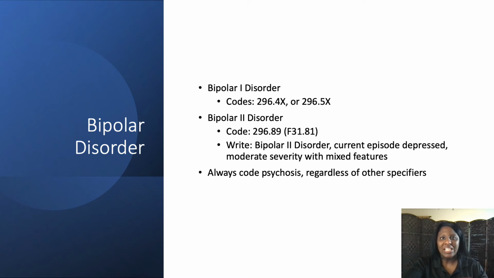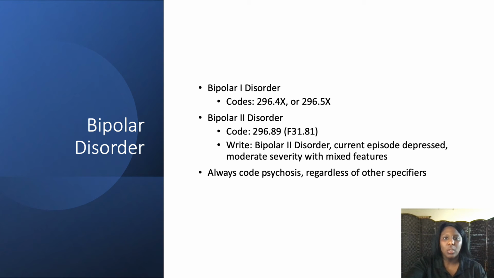So now we're going to take a look at bipolar disorder. For a diagnosis of bipolar 1 disorder, it is necessary to meet the full criteria for a manic episode. The manic episode may have been preceded by and may even be followed by a hypomanic episode or a major depressive episode. In recording the name of the diagnosis of a bipolar disorder, things should be recorded in the following order.